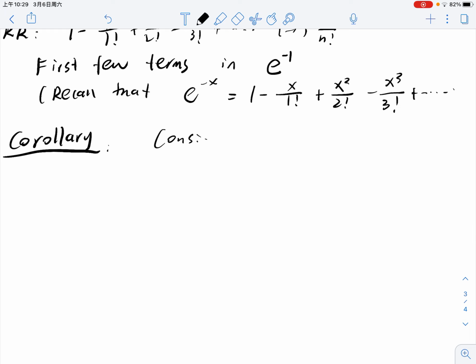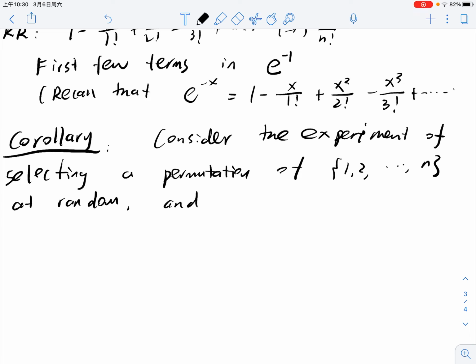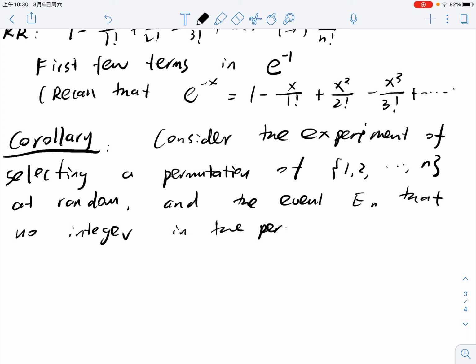So consider the experiment of selecting a permutation of 1 to n at random, and the event En that no integer in the permutation is in its natural position, or the original position.